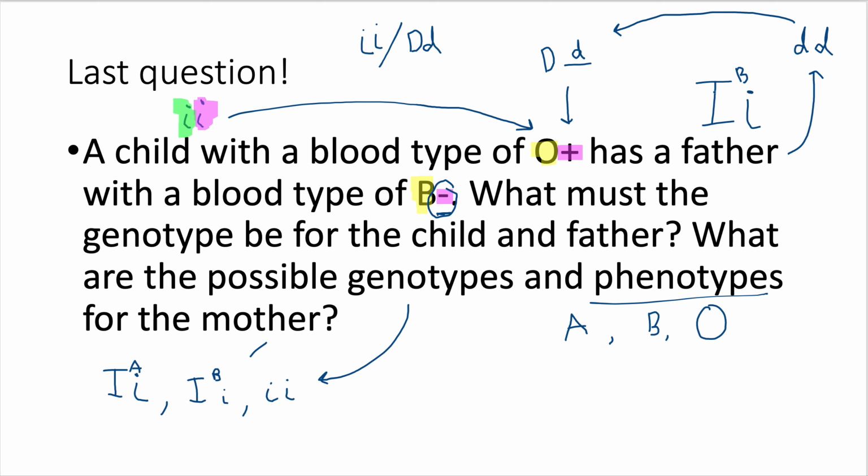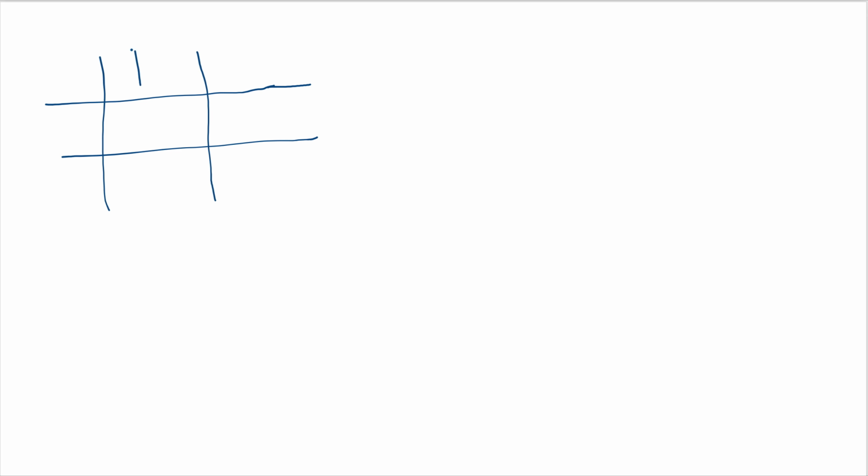Our father's is big B, little i, and 2 recessive, homozygous recessive for the Rh factor. So working backwards, let's see what the mom has to be. So let's go back to our Punnett square that I drew on the next page. So for mom, so we know dad is little d, and we also know that the child got a big D from somewhere.